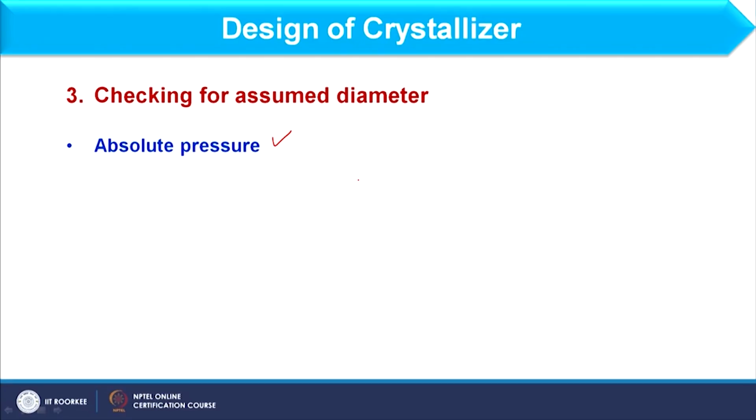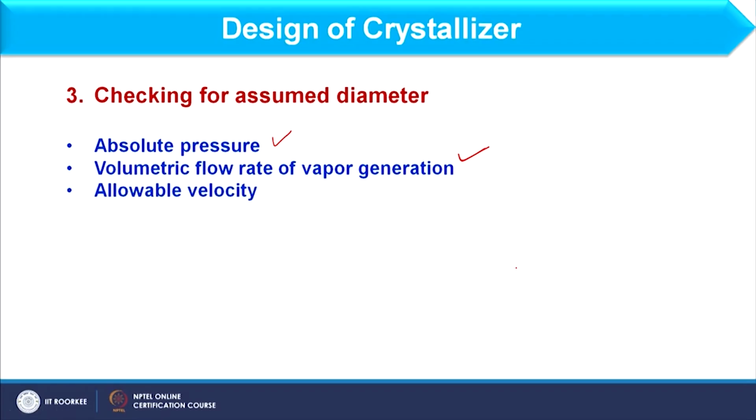So, depending upon that we consider the absolute pressure, and once I have the absolute pressure, we can find out the volumetric flow of vapor generated. How much vapor is generated, its volumetric flow can be obtained. How we can obtain that volumetric flow? All that we will discuss with an example.